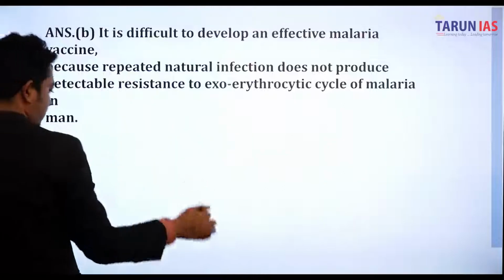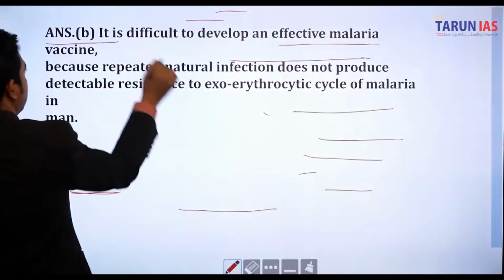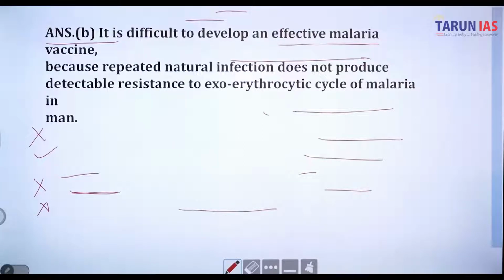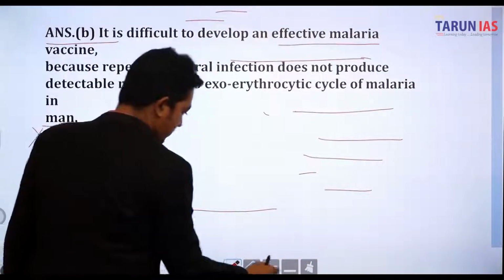As we can see here, it is difficult to develop an effective malarial vaccine because repeated natural infection does not produce predictable resistance to the exoerythrocytic cycle of malaria in man. So that's why it's important.